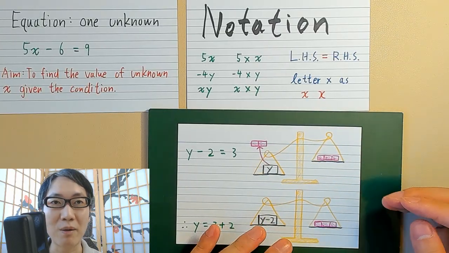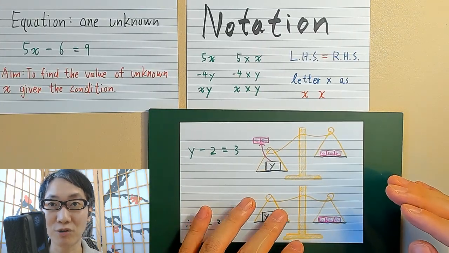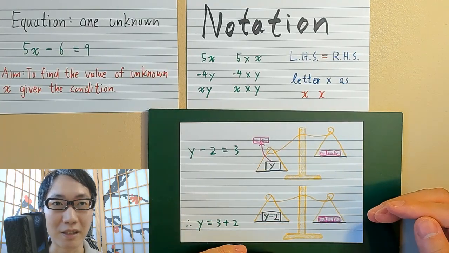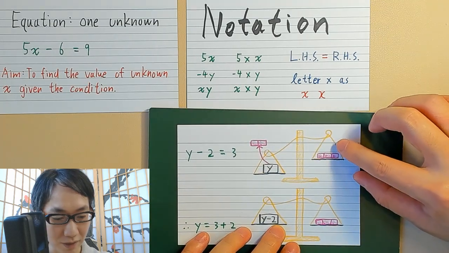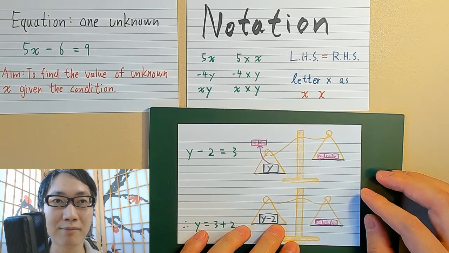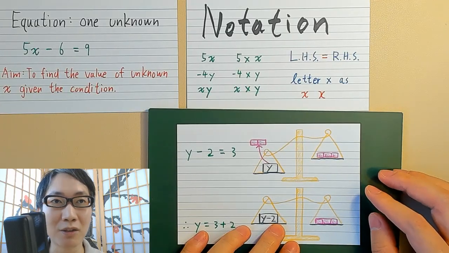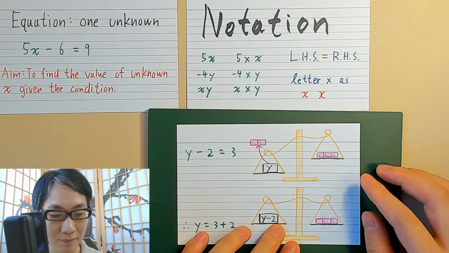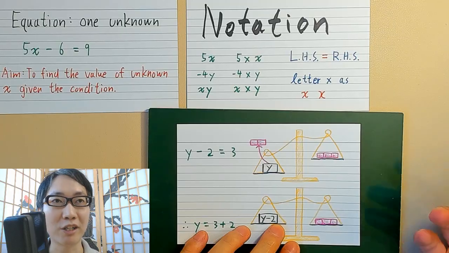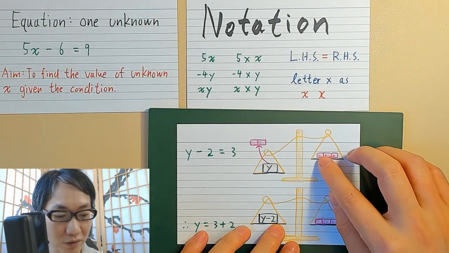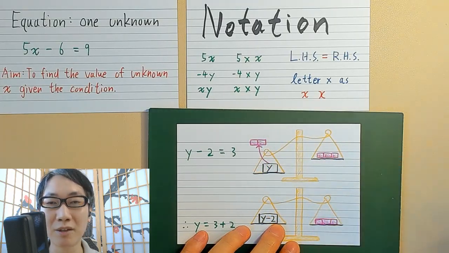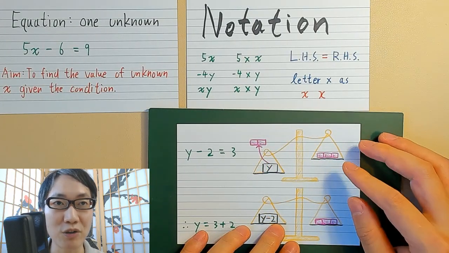When both sides have equal mass or equal weight, then they will level. Each of these purple blocks is a unit mass. A unit mass can be 1 kilogram, so if one of them is 1 kilogram, then all of them are 1 kilogram. Or they can be 1 pound. Or we can just say this is a unit mass.